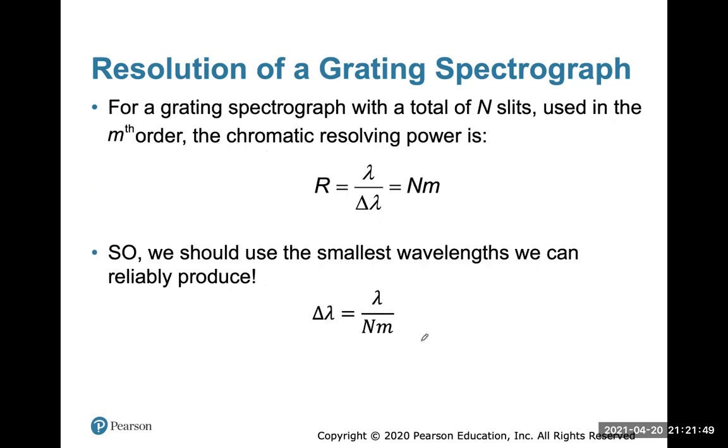But we should also try to use the smallest wavelength we can get a hold of, to make delta lambda as small as possible.